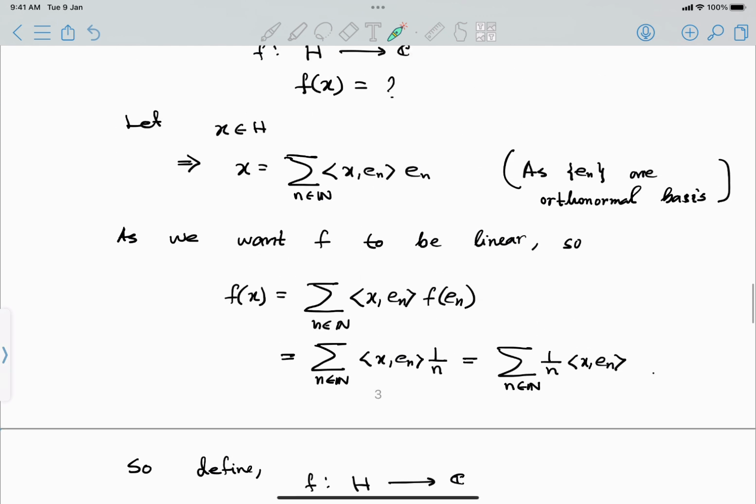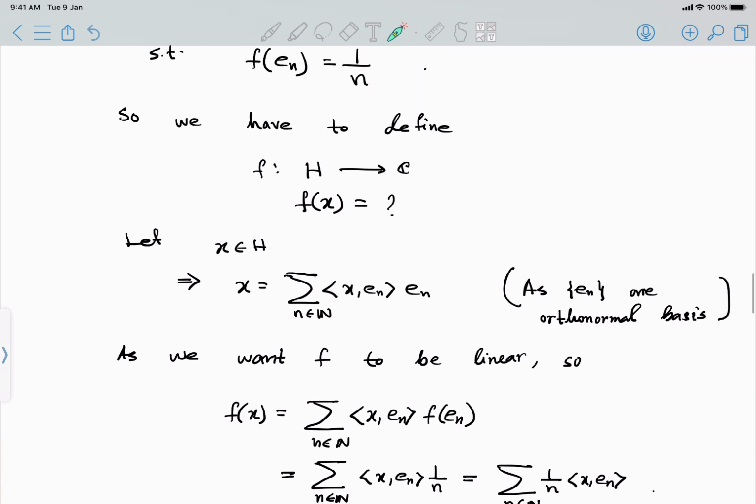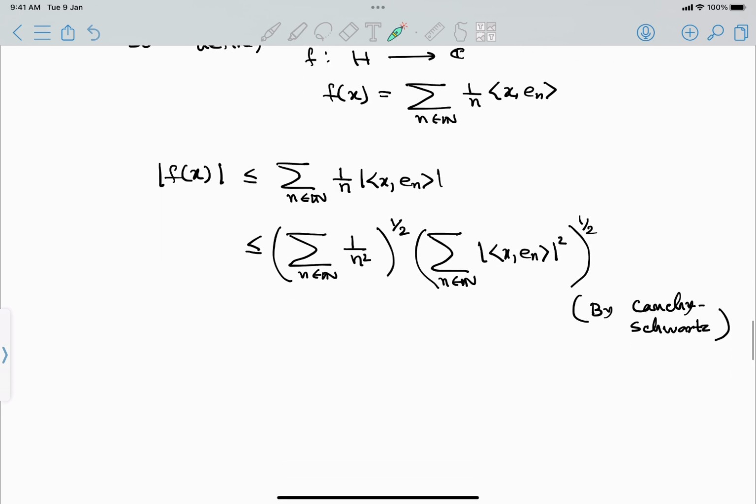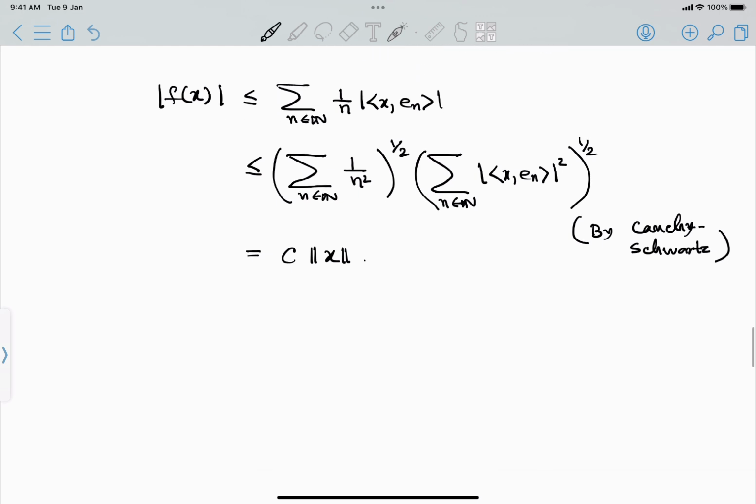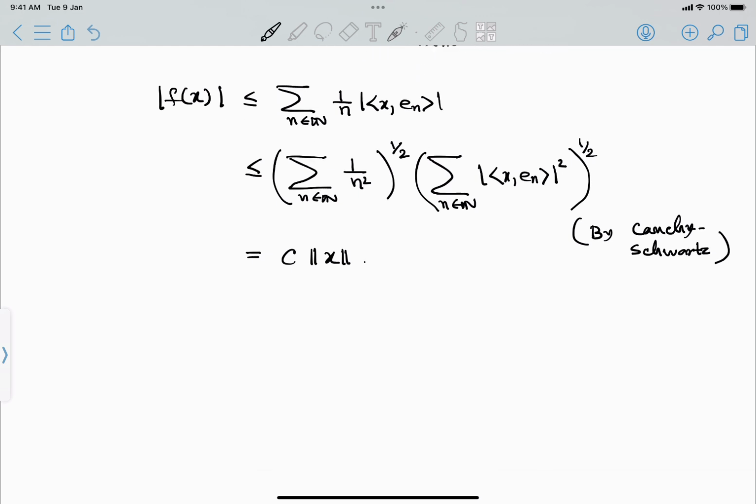And what is this other term? As x is given by this, if you compute the norm of x, as the En are orthogonal, this is some constant c, and this will be the norm of x. Why? Let me write it here.